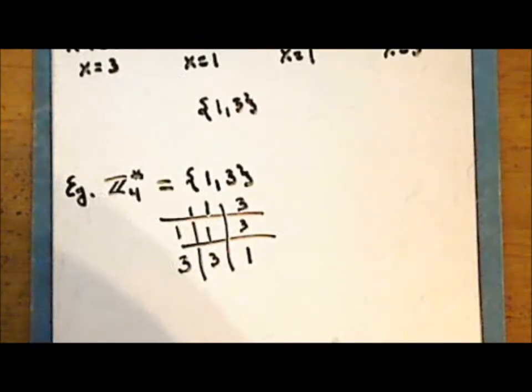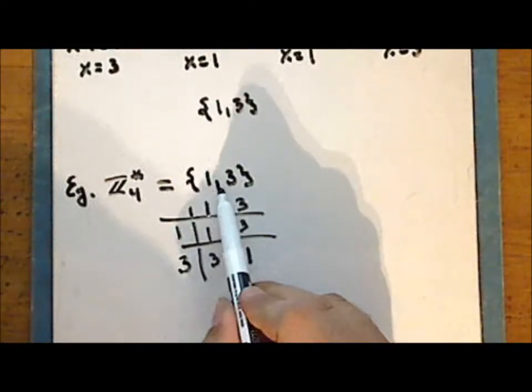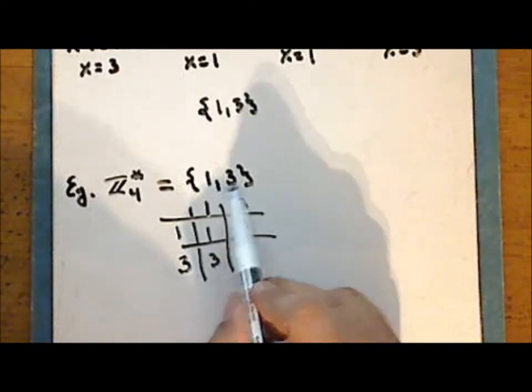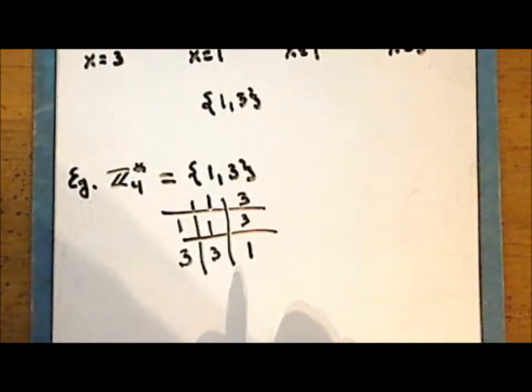So this structure is closed under multiplication. There are only two elements in the set, but if we multiply 3 in any combination, any way that we group them, then we obtain the same result. So we have a semigroup.